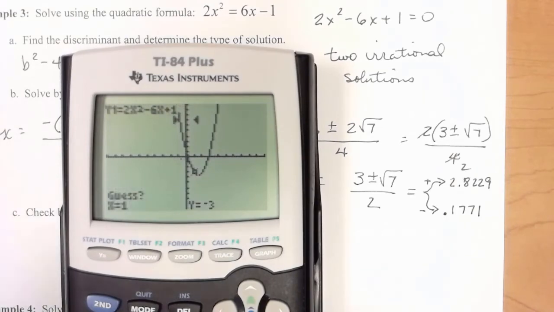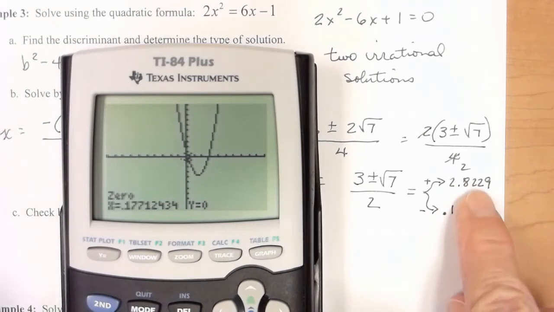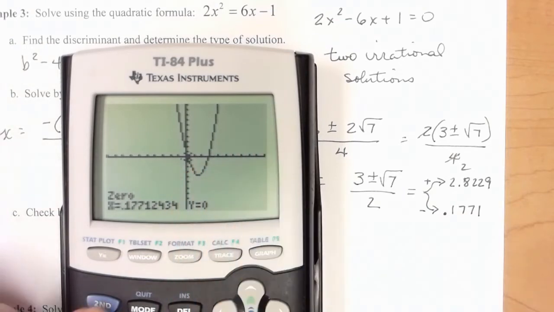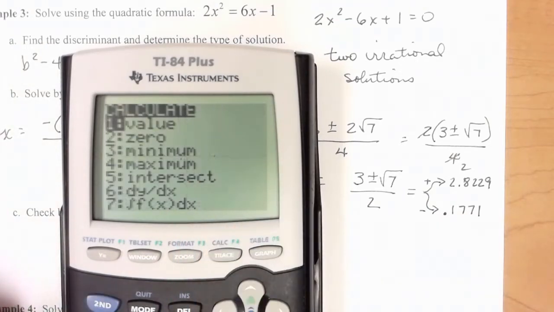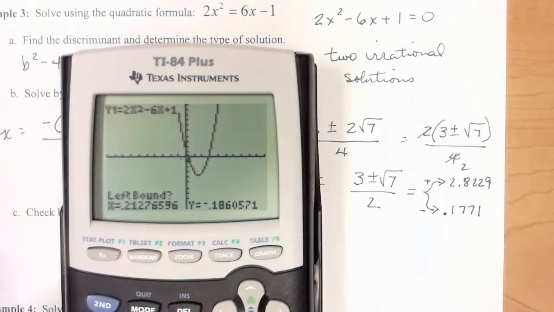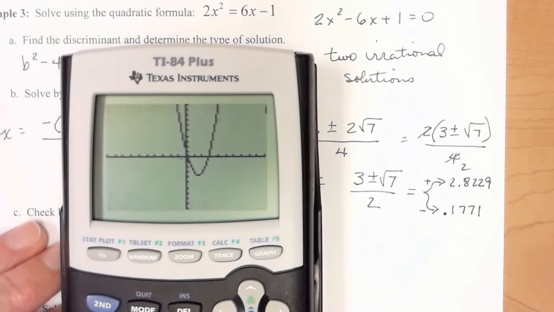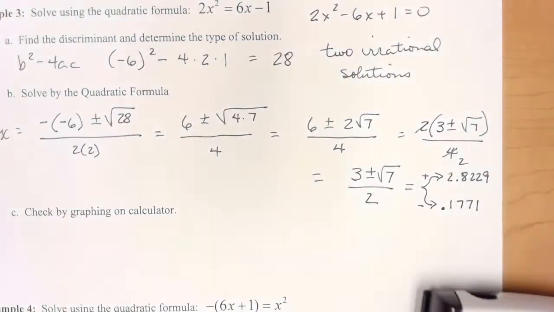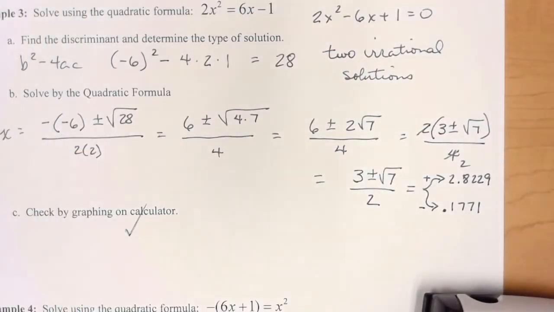And let's see if we get that value. Yep, there it is. So the next one, it looks like it's between 2 and 4. So second trace for calc menu, number 2, type in 2, type in 4, and don't guess. And there's that one. So we did check it by the calculator. So I'm going to put a big check there.